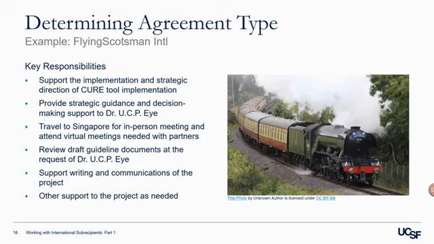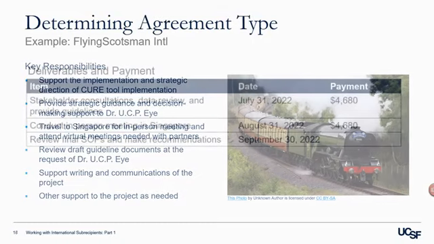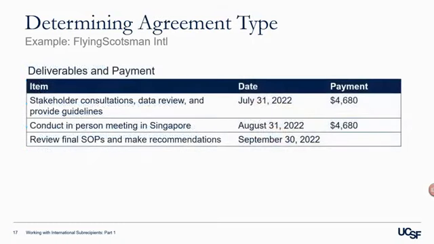As we go down through the scope of work, the next section shows deliverables and payments. This breaks out the responsibilities by milestone and amount that would be paid. If you look at the budget summary, it indicates that deliverables will be covered at $780 per hour over a 12-hour period.